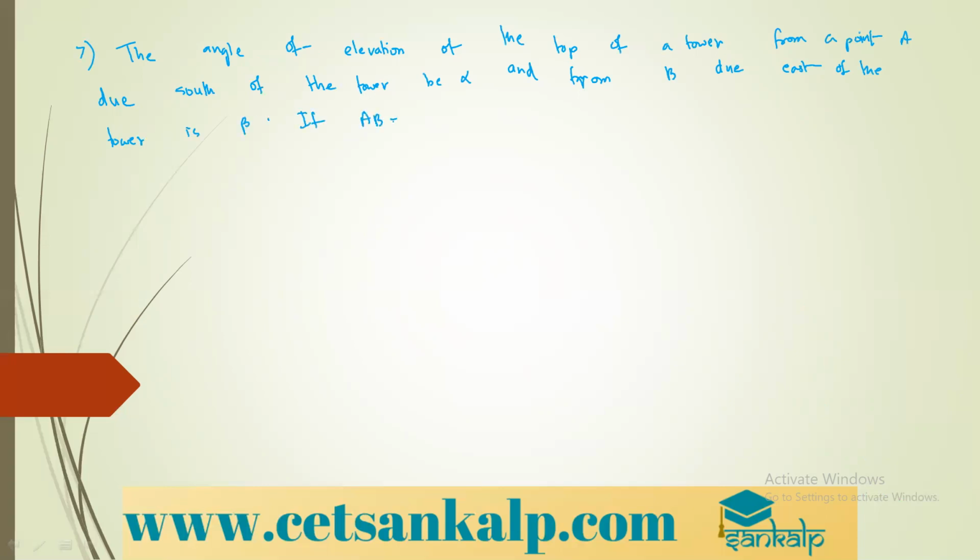If AB equal to D, height of the tower is.